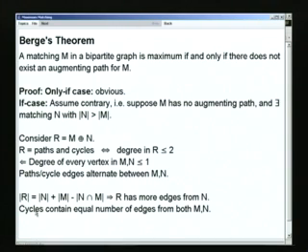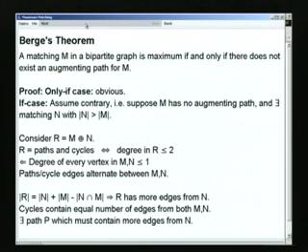Let's look at cycles first. Each cycle consists of an equal number of edges from both M and N. So if we just look at cycles, this fact cannot be explained. So what must happen? There has to exist a path which must contain more edges from N. If it contains more edges from N, what do we know about such a path?